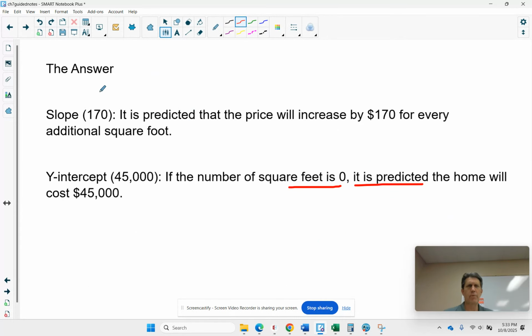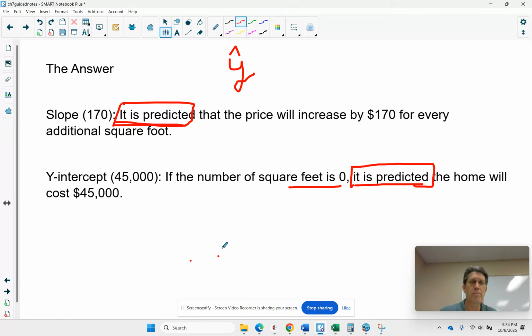Now, a couple things I want to point out. In both of these, I talked about this being predicted. So you want to always say, it is predicted, or we predict, or I predict. It can be we predict as a class, I predict as a student, but it is predicted. The whole idea is that when we write these equations, they are predictions, they're not guarantees.